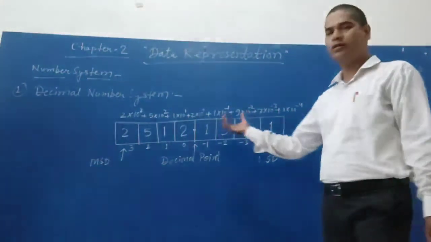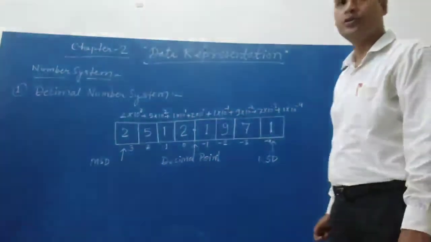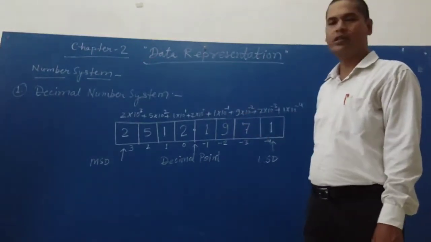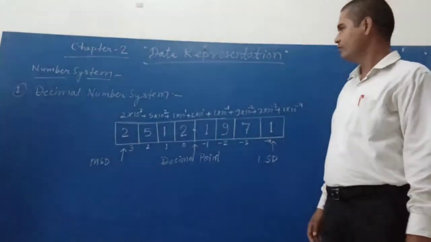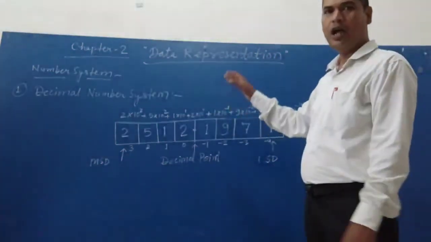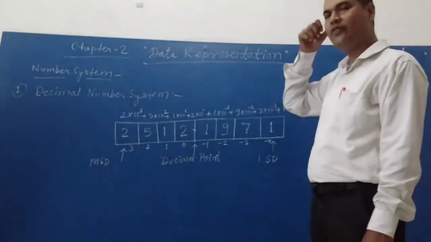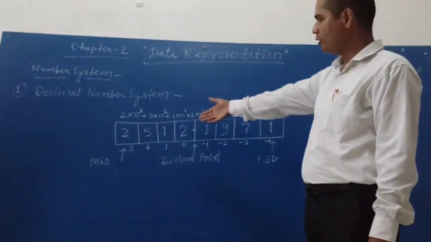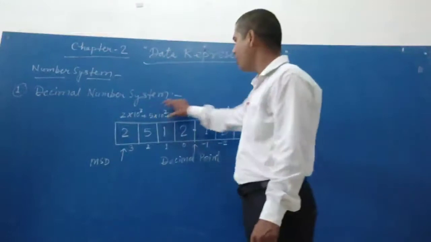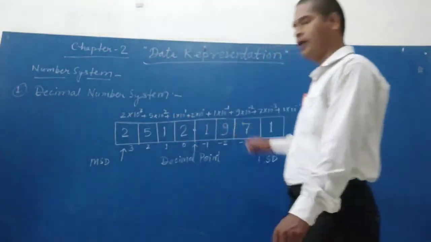So this is the positional value system for the decimal number system. Suppose you are writing and want to define positional value, you will use the same method. If you calculate all these terms, you will find the same number.